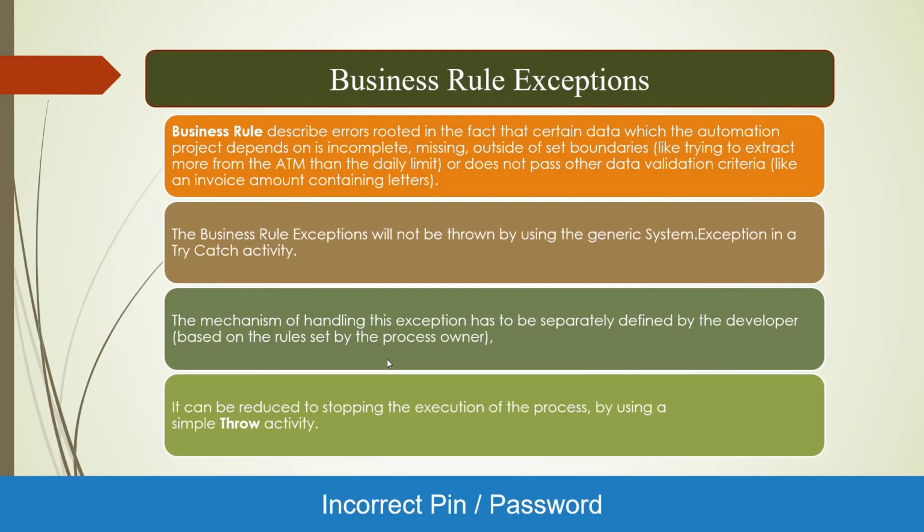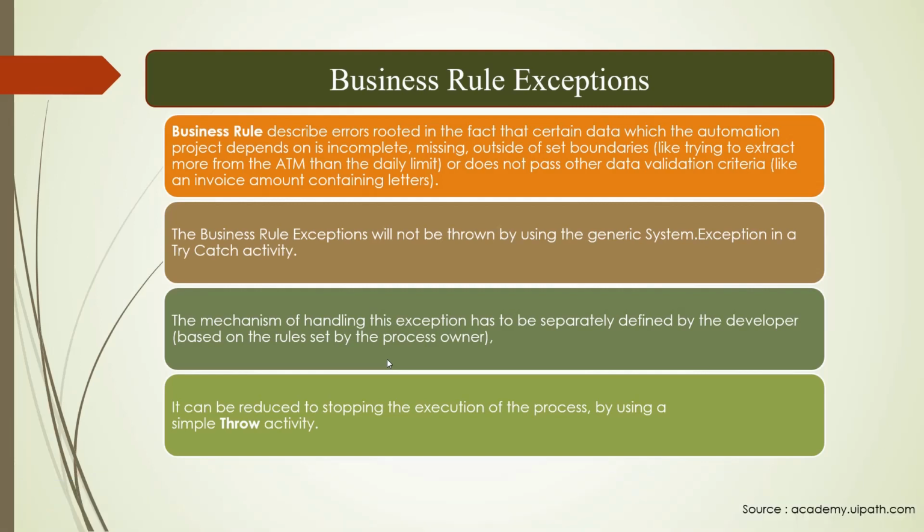It does not crash and say object reference not set to an instance of an object. As a user, how would you know what you have done wrong? That is where the business rule exception helps the business user understand what has gone wrong.